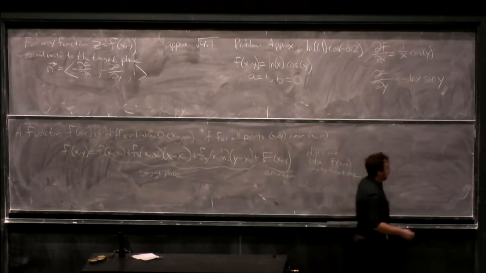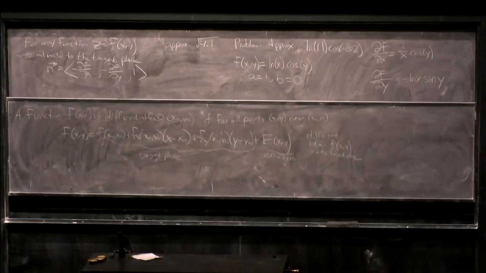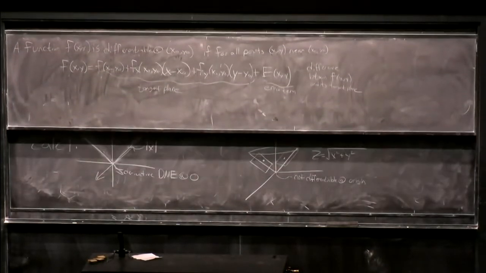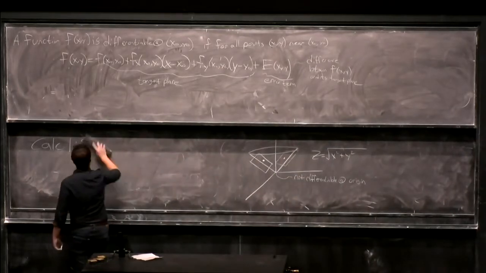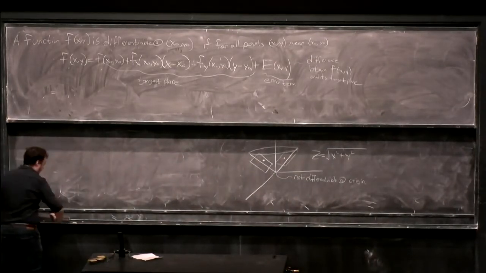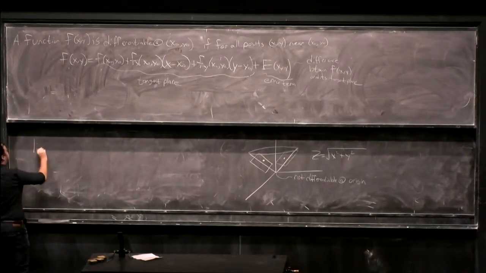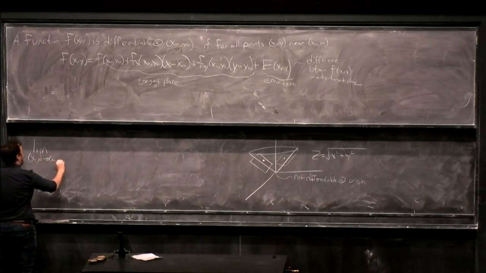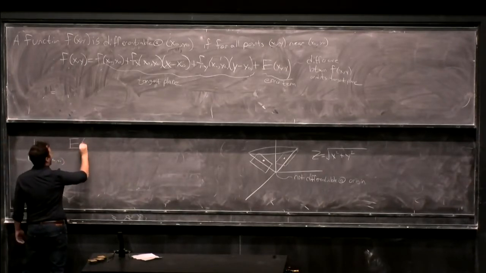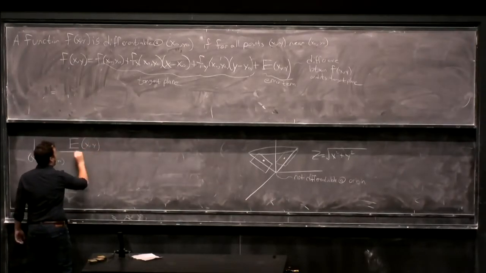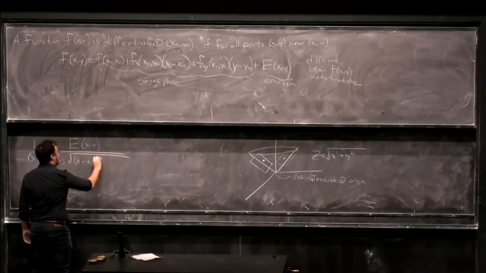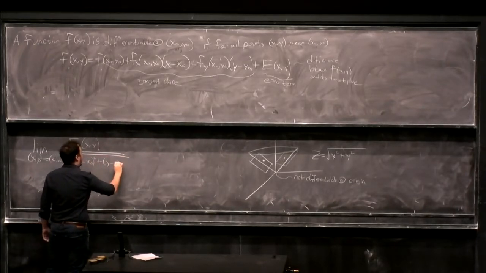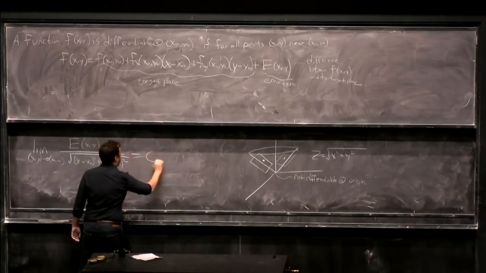So let me write that on the next board here. This E of x, y can't just be anything. It needs to satisfy something in particular. We need that the limit as x, y goes to x naught, y naught of E of x, y divided by the square root of (x minus x naught) squared plus (y minus y naught) squared is 0.